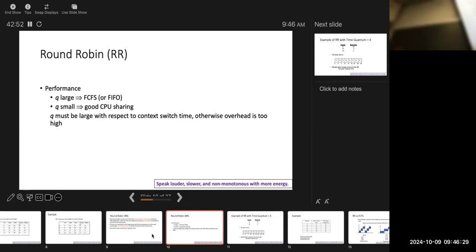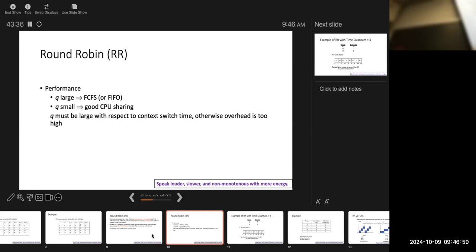Now, if I reduce Q even further, let's say B gets executed and completes at 14, there will be another context switch, and then A gets the chance again, and let's say A gets completed in 2 slices. So when Q was 15, there was no context switch.